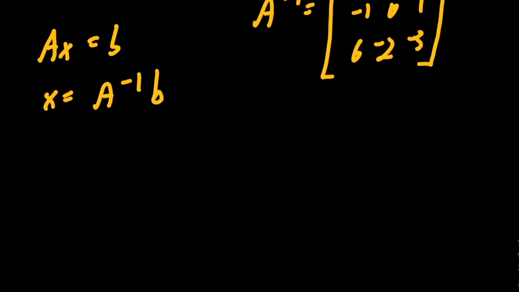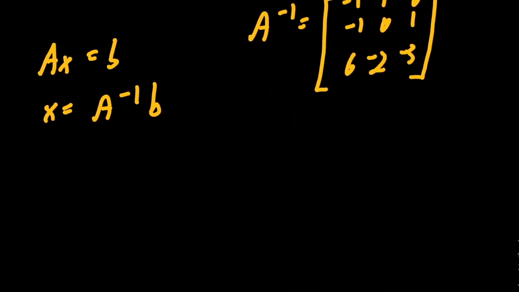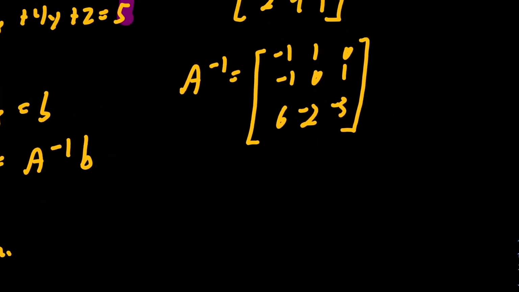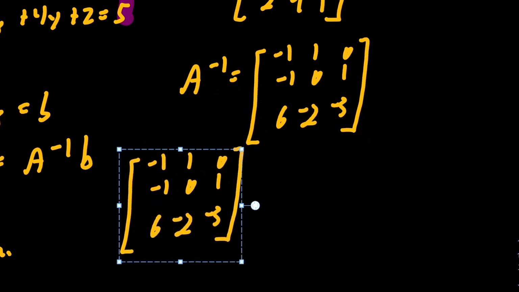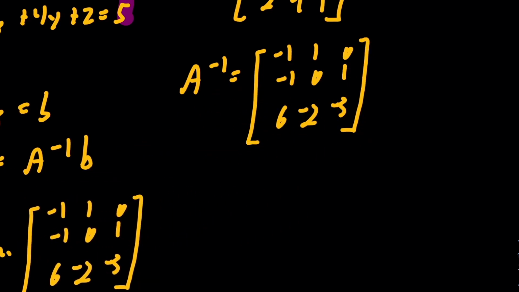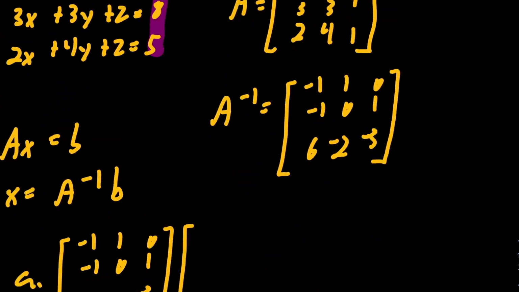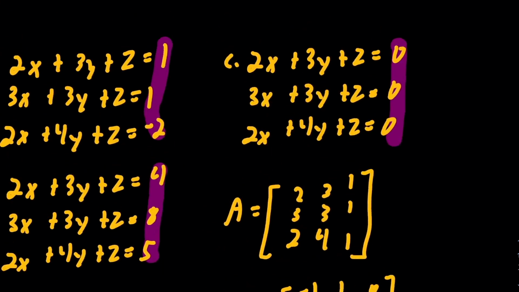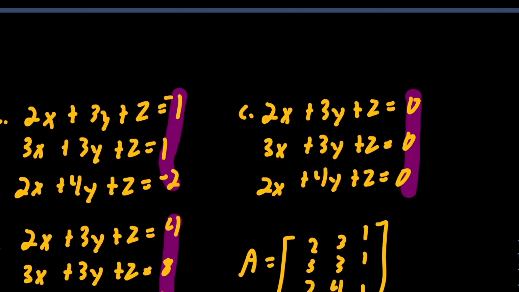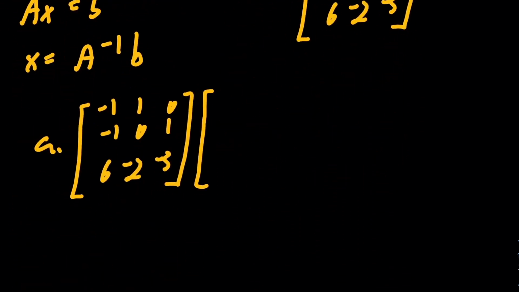Therefore, for the first matrix, it is simply the inverse times the column vector of 1, 1, negative 2. This is supposed to be negative 1. Negative 1, 1, negative 2.